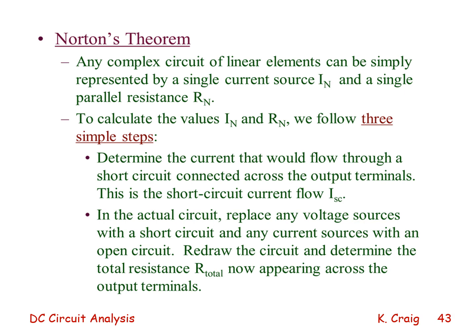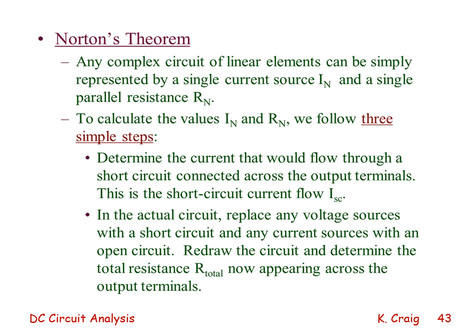And to calculate the values of I Norton and R Norton, we follow three simple steps. First, determine the current that would flow through a short circuit connected across the output terminals. This is the short circuit current flow, I sub SC, short circuit.